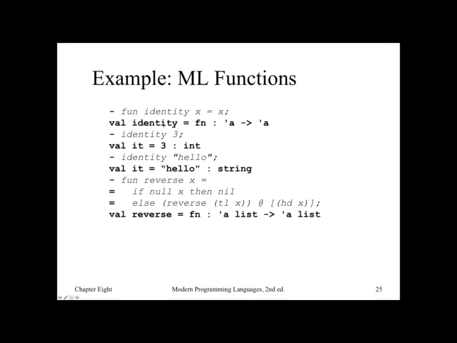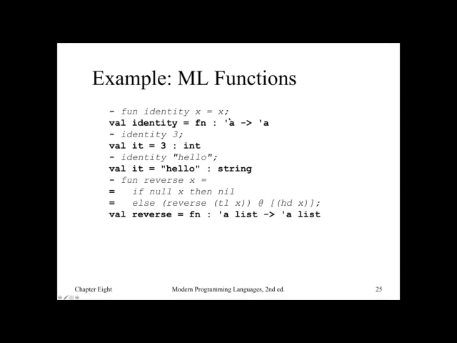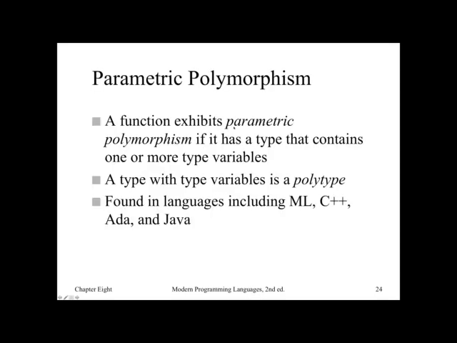So when I call identity 3 or identity hello, that parameter can be any type that's supported. Hence parametric polymorphism: the parameter list can have varying types. And one of these types that can be anything is called a polytype. So that apostrophe A is a polytype.